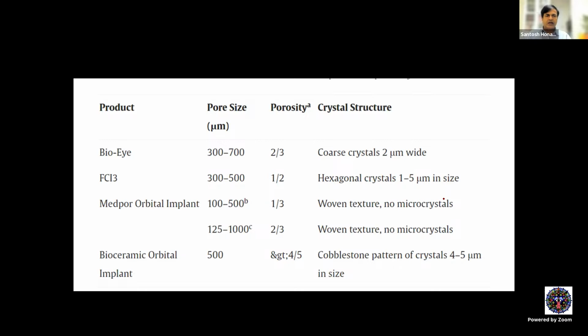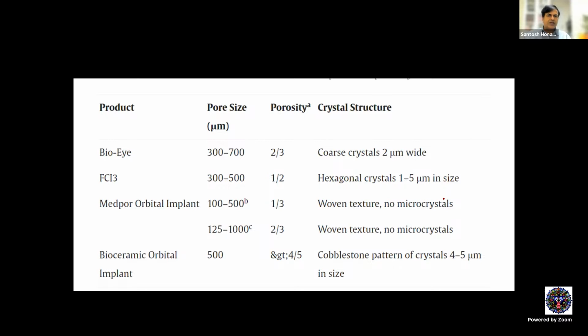For an orbital prosthesis, ideally the pore size should be in the range of about 300 micron. If it is less than that, there is poor integration. If it is more than that, then again there is poor integration. So the ideal integration is around 300 micron, but there is always a range. All the pores are not equal in size because typically hydroxyapatite is made from coral, and coral, being a natural material, will not have uniform pore size.